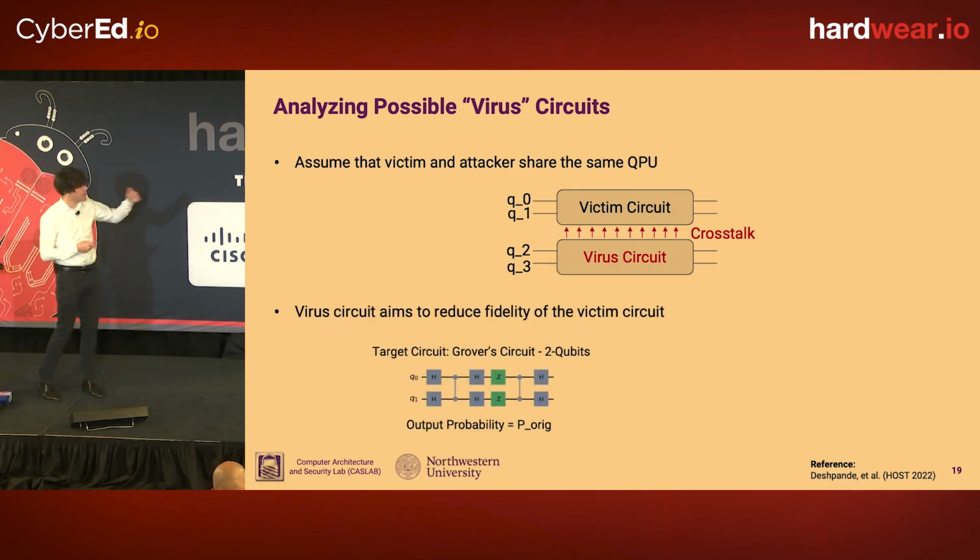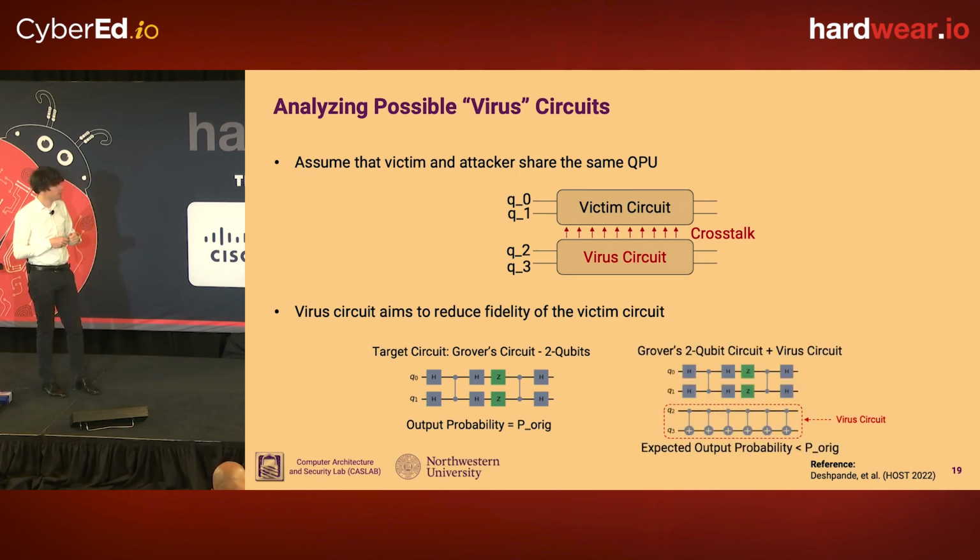When the victim circuit, for example, is running Grover's algorithm, it should generate some output with a certain probability. In most circuits, one of the states should have the highest output probability. That's the solution. But if you run an attacker circuit, the output probability becomes much less, which means you're able to disrupt the computation, like a fault injection through the crosstalk, to affect the computation of the victim.